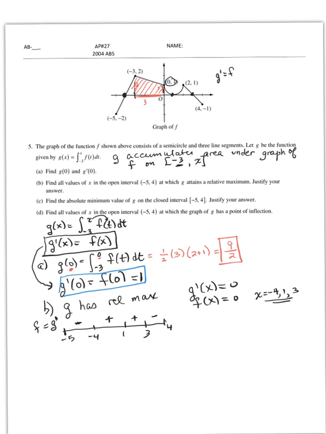So when the derivative of g is negative, the graph of g is decreasing. And when the derivative of g is positive, the graph of g is increasing. So looking at the increasing, decreasing behavior of g, we could tell where the relative maximum and relative minimum are. But this asks for relative maximum.